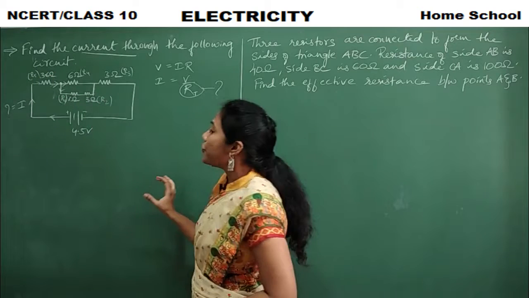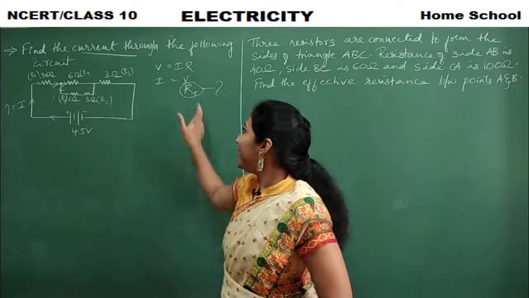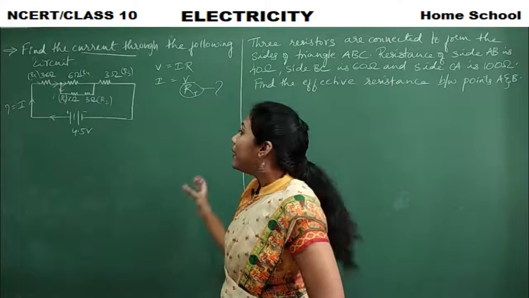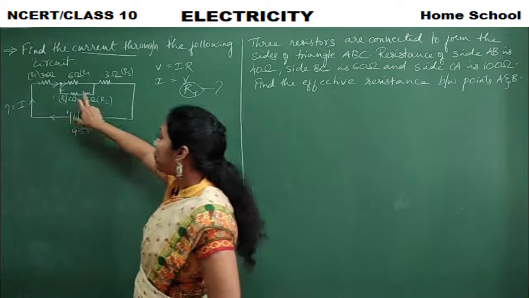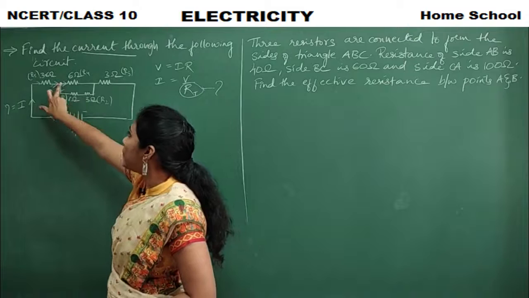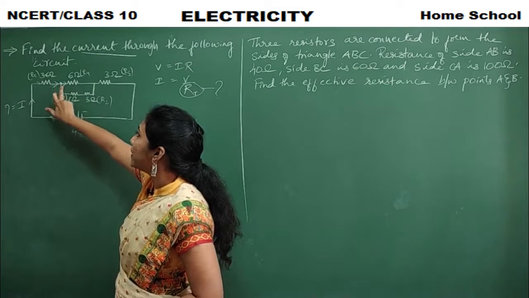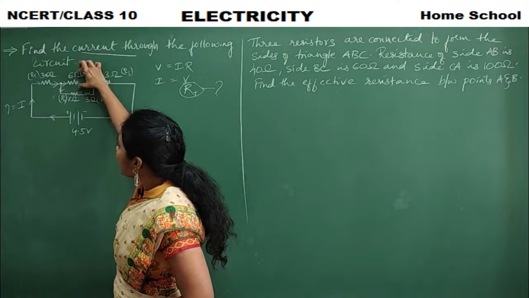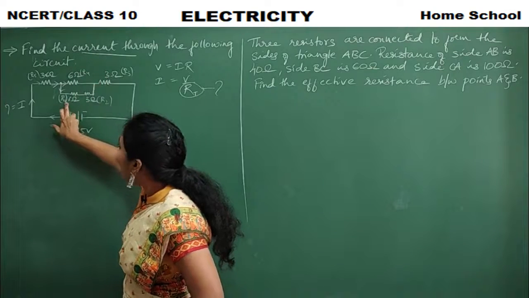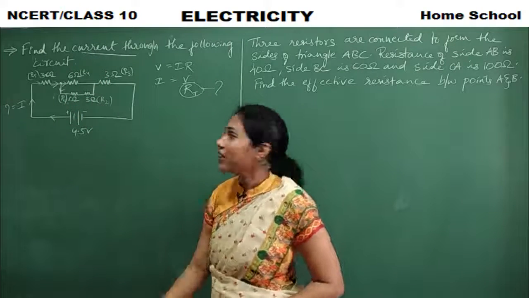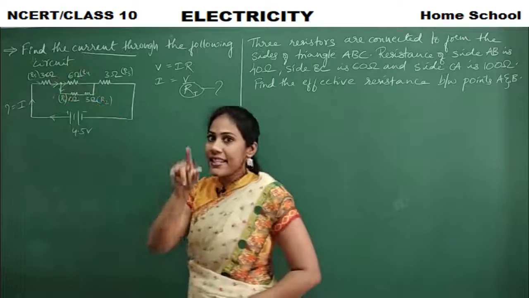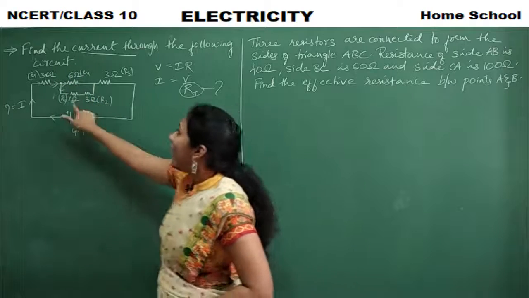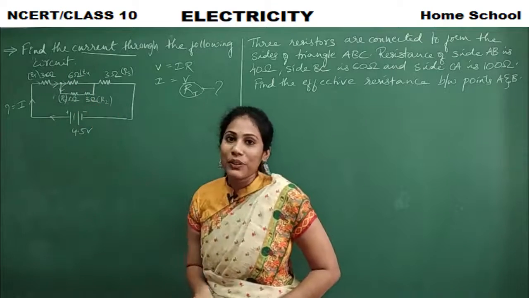Okay, fine. So you have to find the total resistance now, but before that you should carefully see the circuit. So at this point the current will divide. So R4 resistor is in parallel with R1 and R2, right?